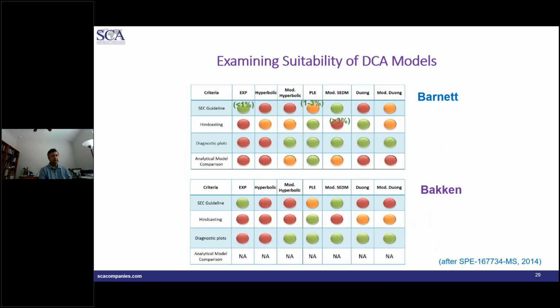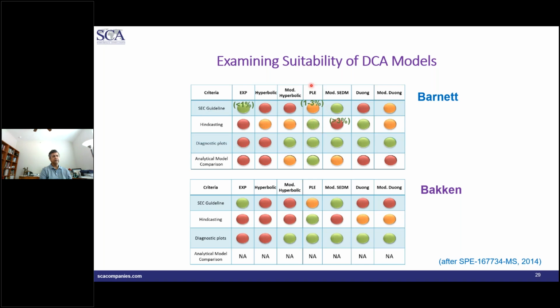So this is another SPE article that shows the efficacy of different models or correlations, based on whether you're talking about SEC guidelines and all that. So we have the traffic light.